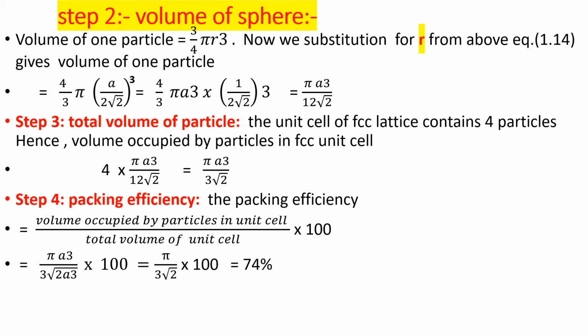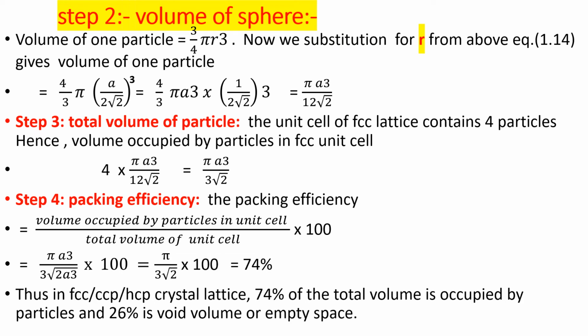Then you write pi into a cube upon 3 root 2 a cube into 100. The a cube gets cancelled, and it gives pi upon 3 root 2 multiplied by 100. Simply calculate, and you obtain 74% volume.